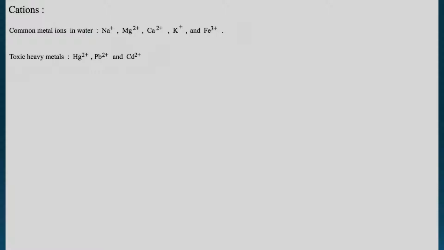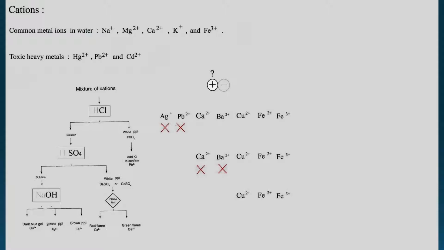After we test the main ions Na and Cl, now we're testing the other minor components, the positive ions first. We use the precipitation rule to identify them. If it is Ag or Pb, heavy metals, we use chloride to precipitate. Calcium indicates hard water.